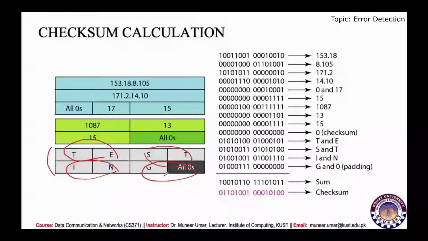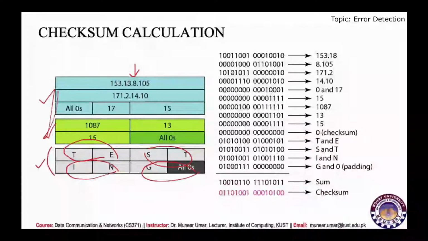UDP checksum calculation includes 3 sections: the pseudo header, then the UDP header, and data. The pseudo header is the part of the header of the IP packet in which the user datagram is to be encapsulated, with some fields filled with zeros.